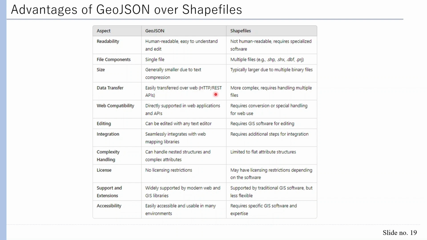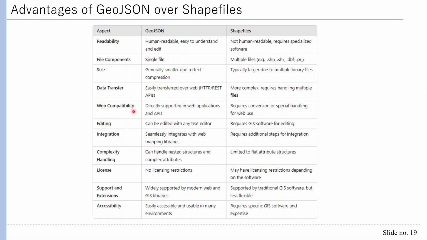GeoJSON works very nicely and easily. But shapefile is more complex and requires handling multiple files to send over HTTP or REST APIs. Actually, REST APIs follow the JSON format, and GeoJSON is also JSON. So it is very easy to send a GeoJSON file over a REST API.